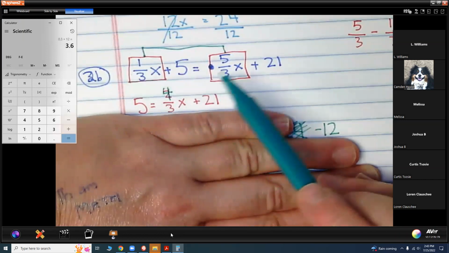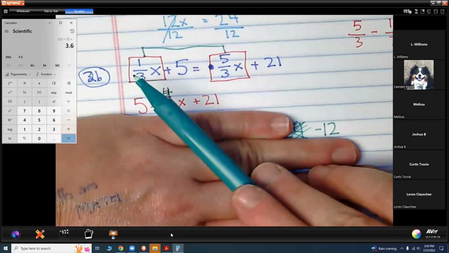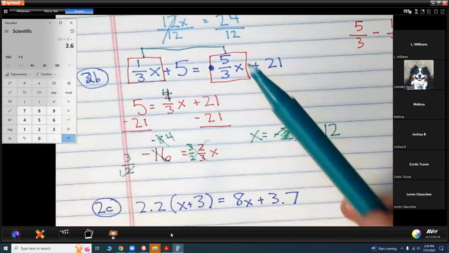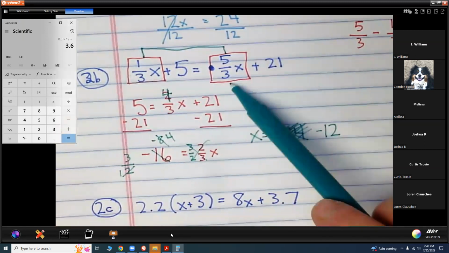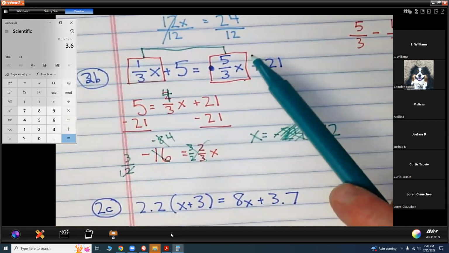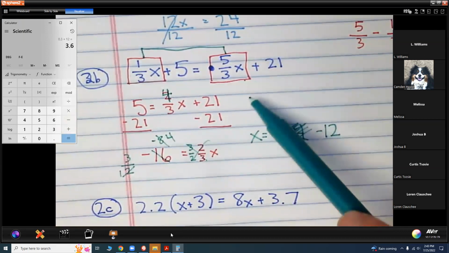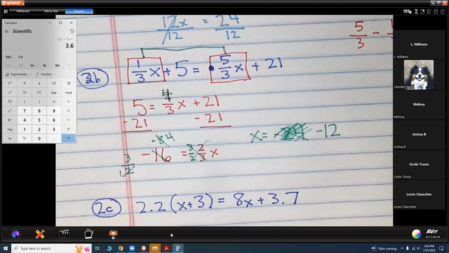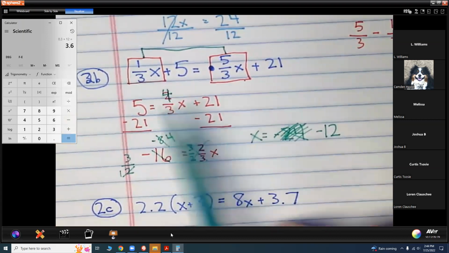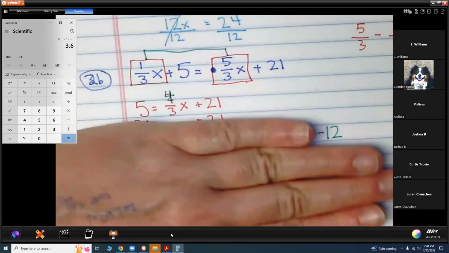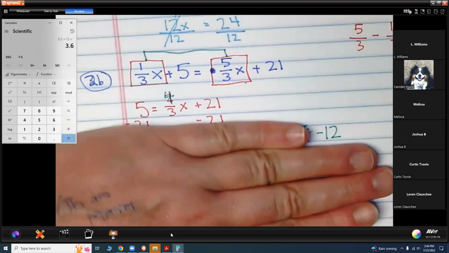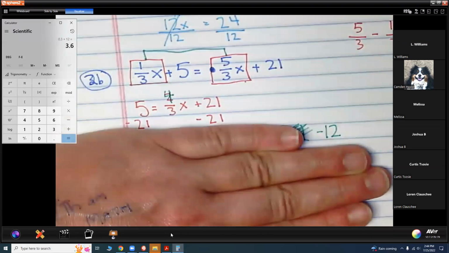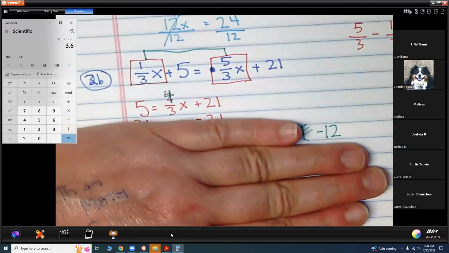Yes. Okay, so because I subtracted 1/3 on this side, I have to subtract 1/3 on this side. When I subtract 5/3 x minus 1/3 x, I get 4/3 x. Does that make sense? Yes. So I combine my like terms, and now I have an equation I can solve: 5 equals 4/3 x plus 21.